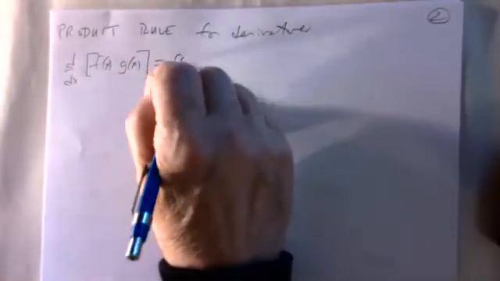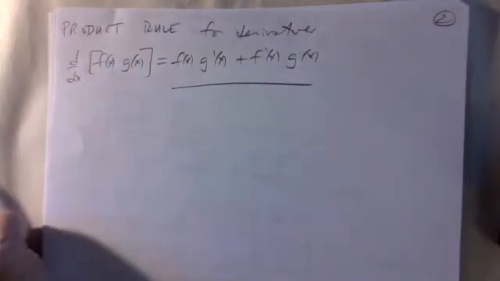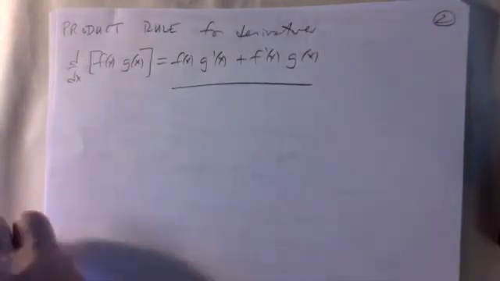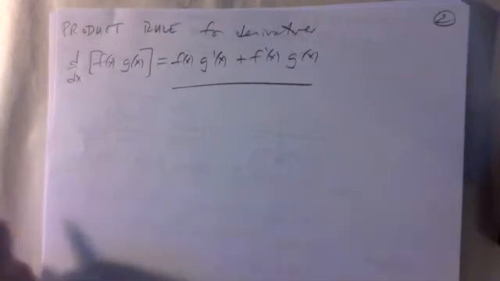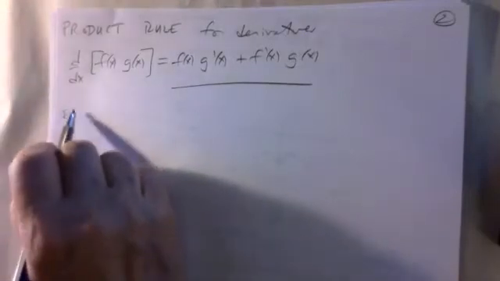The answer is yes, it's very pretty. It's the function f times the derivative of g plus the derivative of f times g. All right, so that's the product rule. I will prove it, but let me just work a few examples of using the product rule before we start.